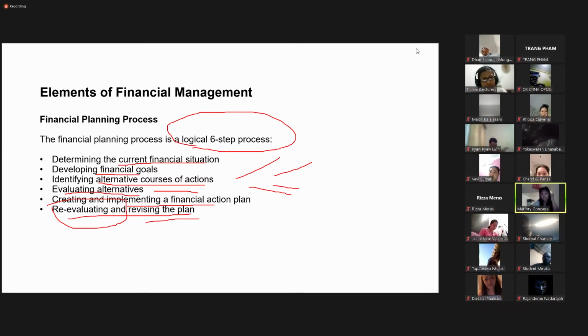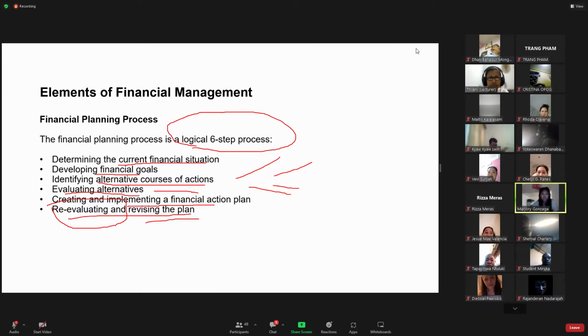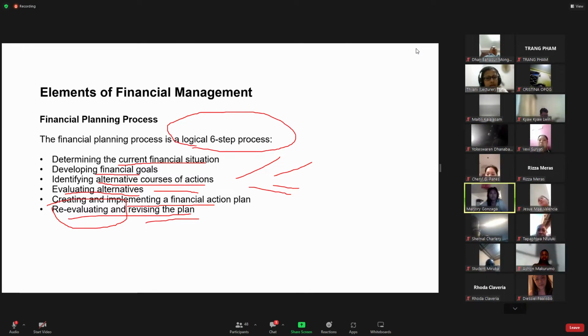From my own understanding, you should know if your savings is enough for building a business. And then second is developing financial goals. If you have goals, you should know how to develop financial goals.